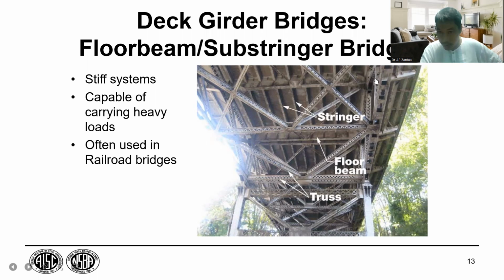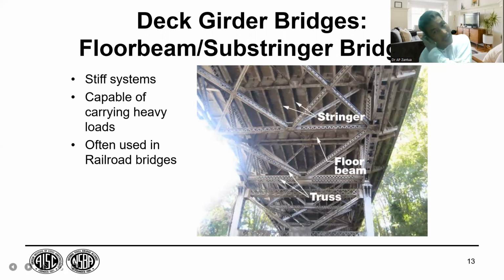That is a beam that is called floor beam. And connected to that, or it could be on top of that, on the same level, is what we call stringers. Stringers are a smaller type of beam. They are also beams, but they are smaller and connected to the floor beam.